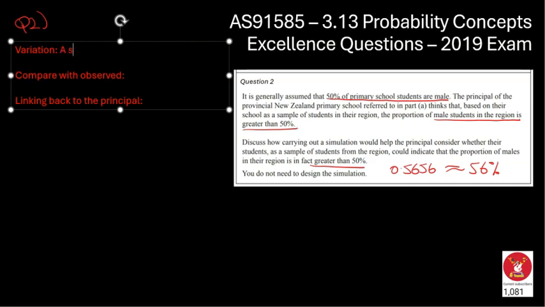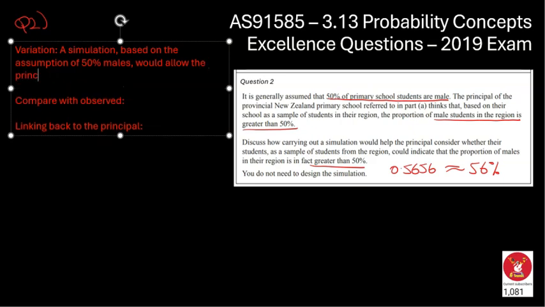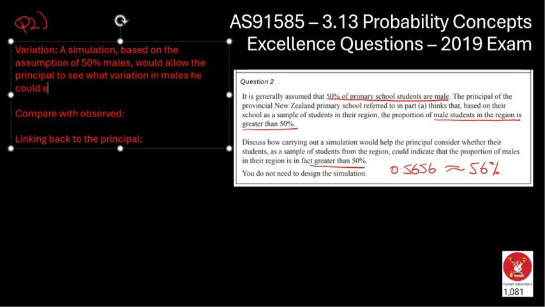So let's start going. A simulation based on the assumption of 50% males would allow the principal to see what variation in males he would expect to see with a school roll of 343.